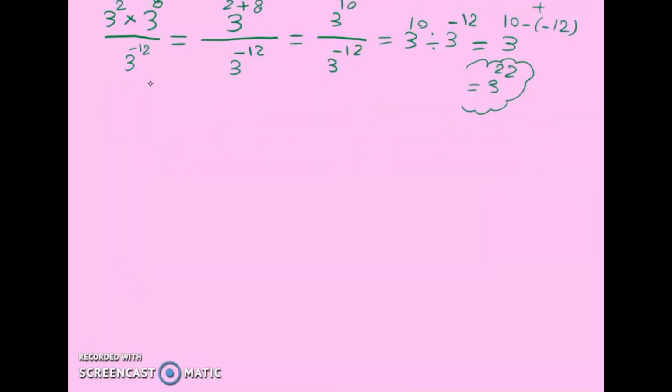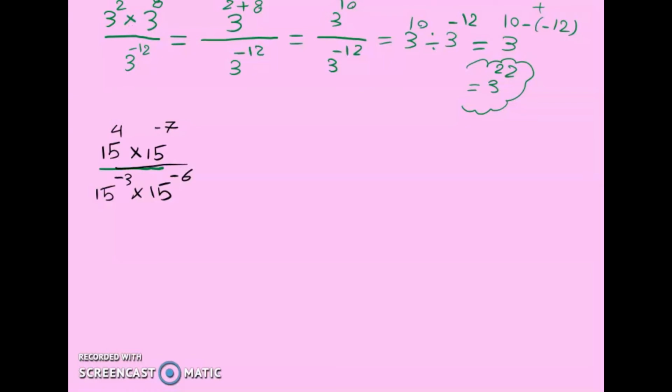One more, example number 3. Suppose you were given 15 to the 4 times 15 to the negative 7, over 15 to the negative 3 times 15 to the negative 6.